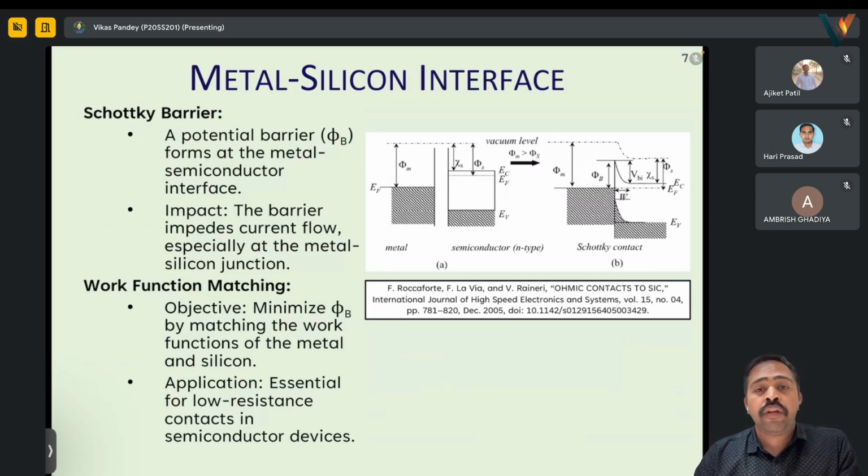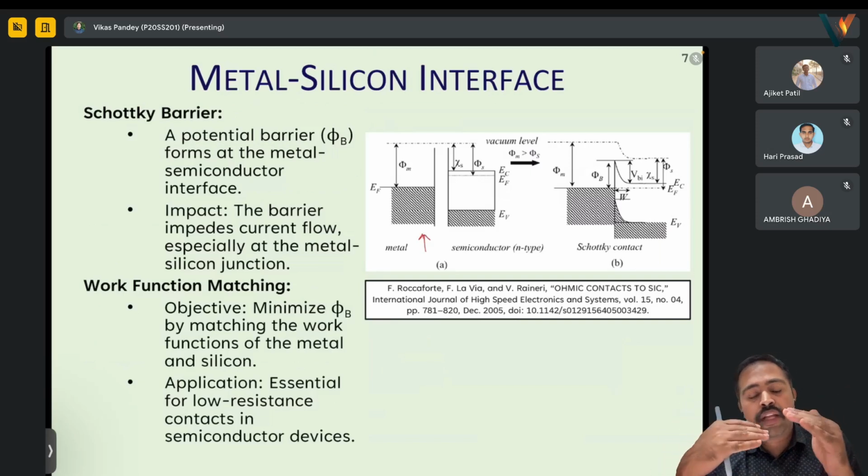Now we have seen the bigger picture, but let's come to some simple interfaces, starting with the metal-silicon interface. When we have silicon, or any semiconductor, and we deposit a metal over it and it comes in contact, there is a gap between phi m and phi s, the matching of this potential barrier.